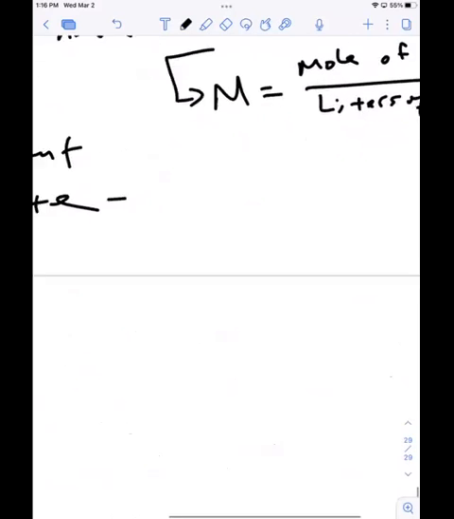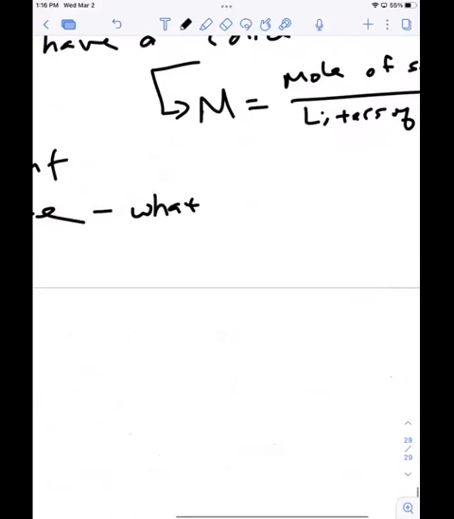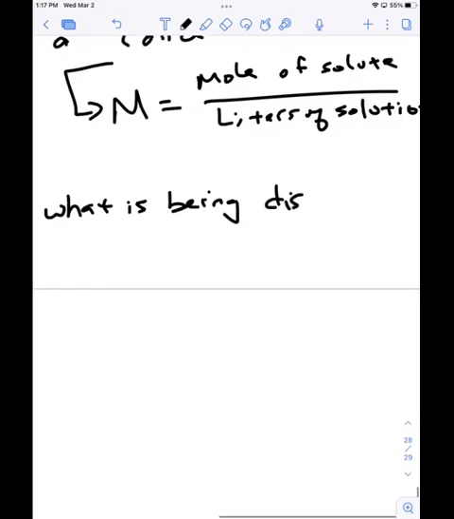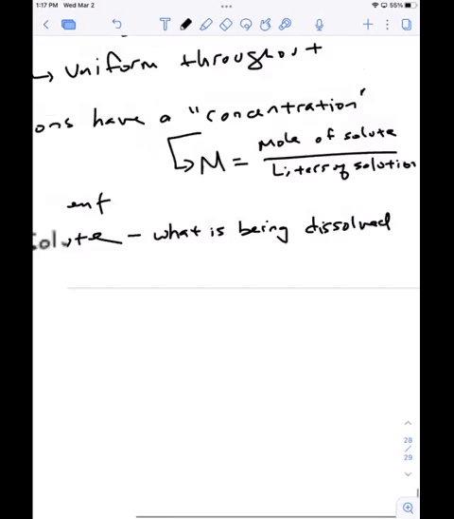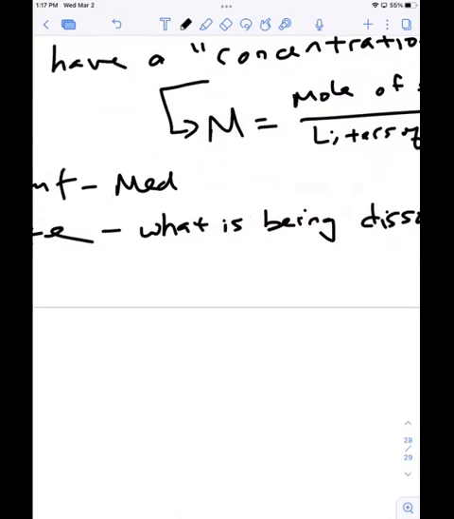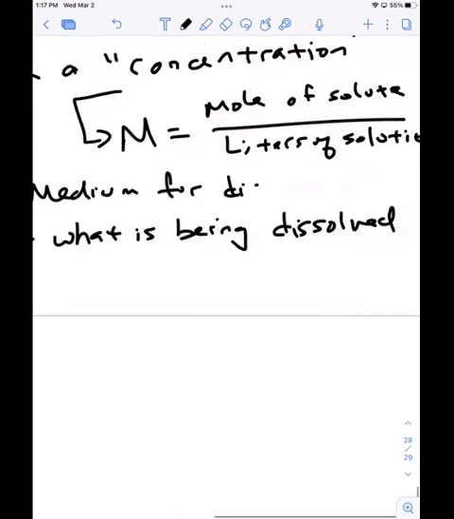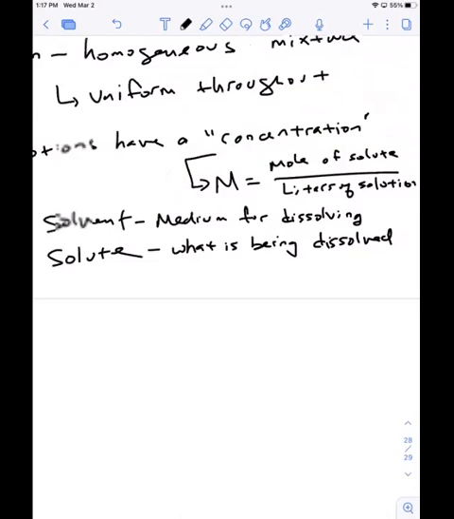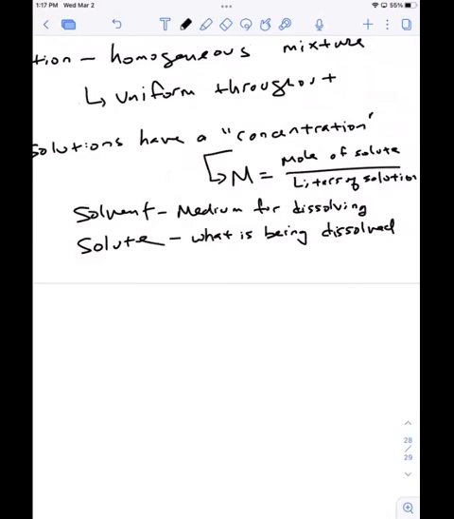The solute is what's being dissolved, and the solvent is what's doing the dissolving. This is the medium, the medium for dissolving. By medium, it's just the thing in which the solvent and solute come together to become the solution.